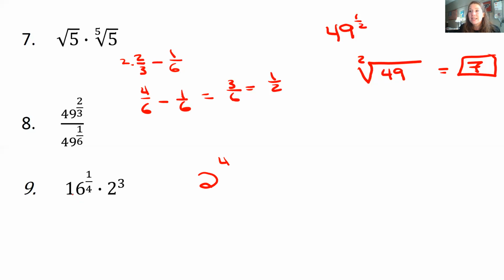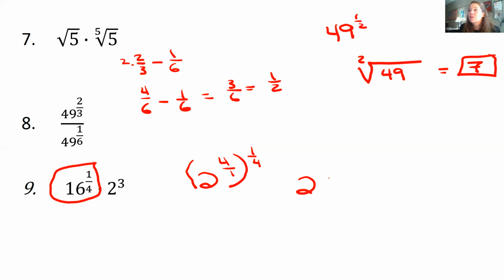So 16 rewritten as an exponent is 2 to the 4th power. But it's not just 16, it's 16 raised to the 1/4 power. Well, a power raised to a power, we multiply their exponents. So 4 times 1/4 is 1. So basically, all of this is equal to the number 2.